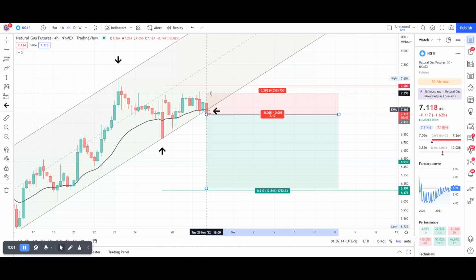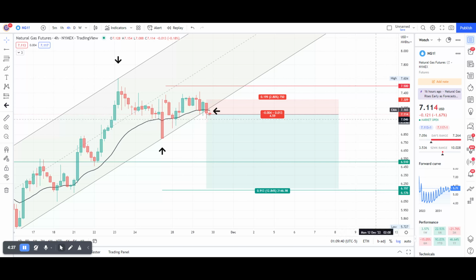Now you could say, okay, I'm going to go just straight above the top of this candle, which is 7.309. Okay, just above that. The high of this candle is 7.264, and I'm going to go above the 7.3. That's a bit of a round number because of the 3, so I'm going to go 309, and I've already made my reward versus risk into 4.59.